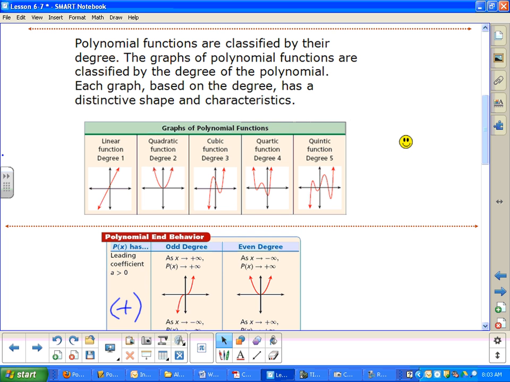So the degree, whether it's odd or even, tells us that much. If they're odd, they're going to go opposite directions. If they're even, they're both going to go the same direction. Then what changes which direction they go at the end, whether it's positive or negative, depends on the leading coefficient.